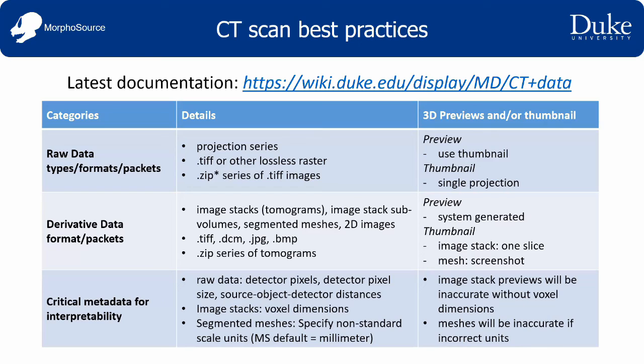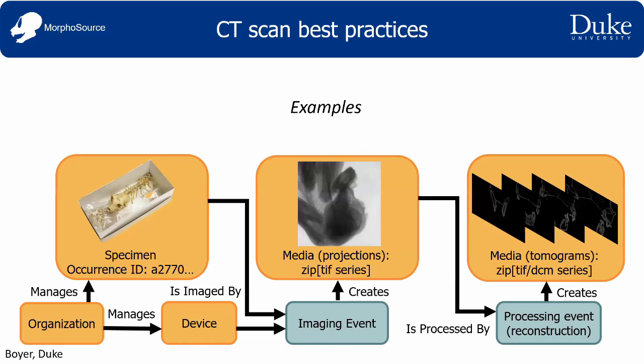All right, so we do have some recommendations for best practices. Those can be found on the website. I'm not going to read this table, but we can consider what the raw data and the different derivative data sets should look like. Just to give you a sense of the kinds of recommendations we would have, here you can see a specimen with a scan that has the projection series and the TIFF stack.